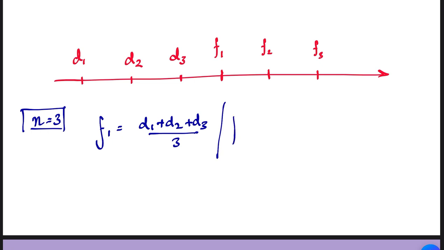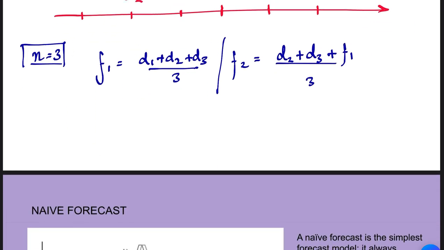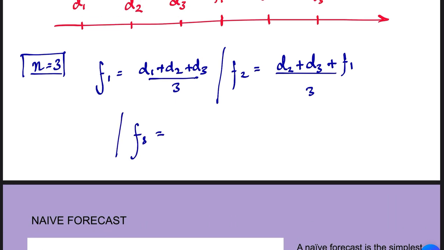To calculate f2, it can be calculated as d2 plus d3 plus f1 divided by 3. Similarly, f3 should be d3 plus f1 plus f2 divided by 3.